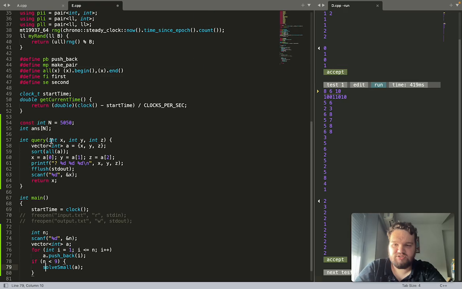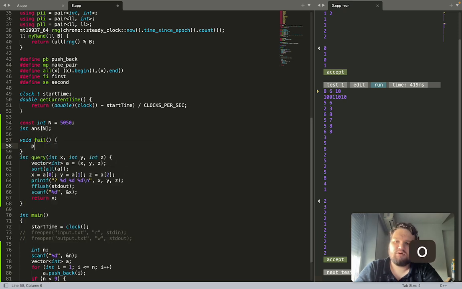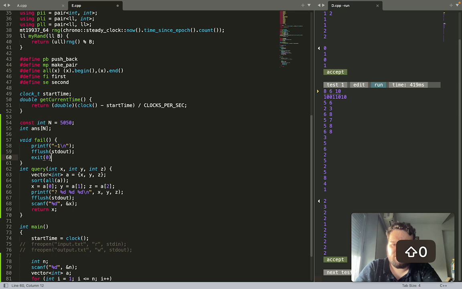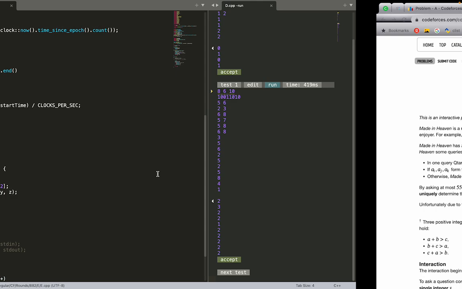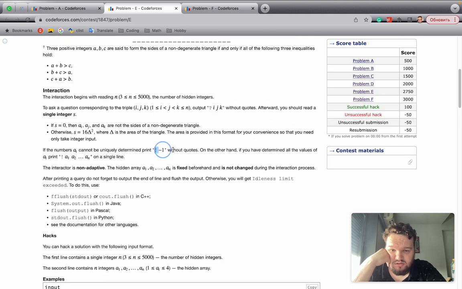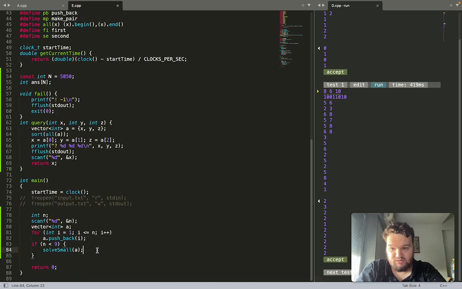So I guess I will just have a function fail that will print that it is impossible and terminate the program immediately. Or is it, yeah, exclamation point? And so at any point I can just call fail if I need to, and I know that the execution will stop.